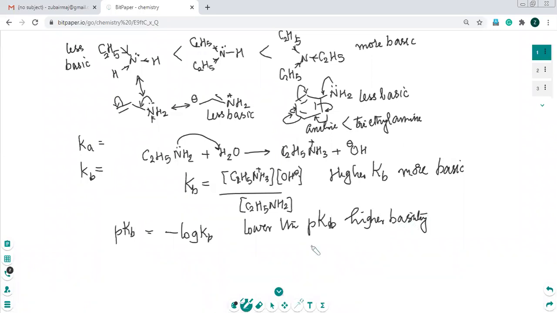Okay, so this is about basicity. Now I will just give you a few examples. Methylamine, let us see how it is working. Methylamine has a value of 3.36 pKb.